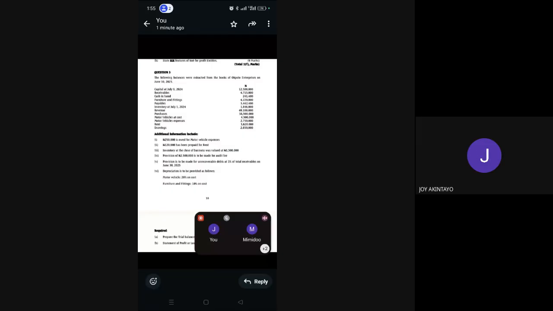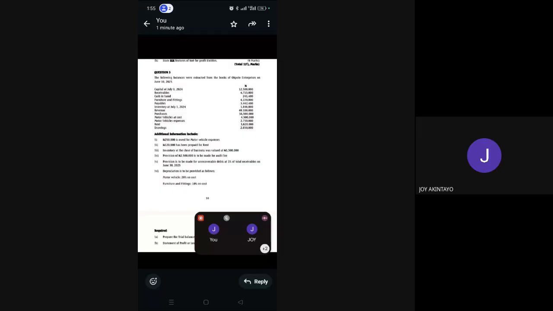Let's talk. We are posting cash in hand under the debit side because it is an asset to us.